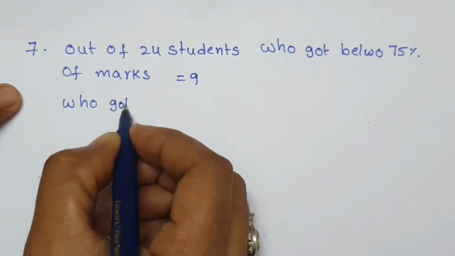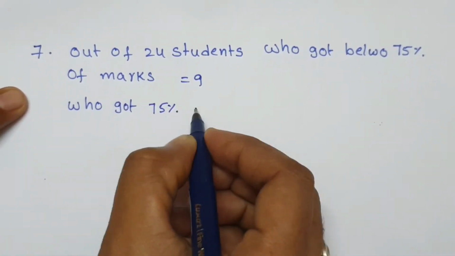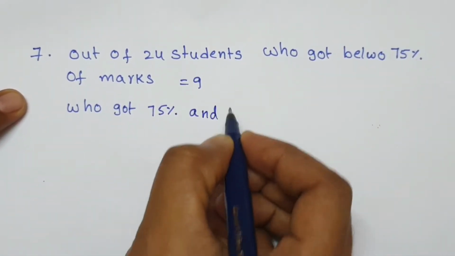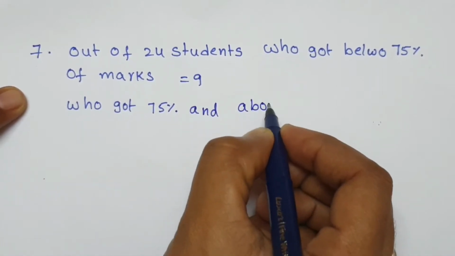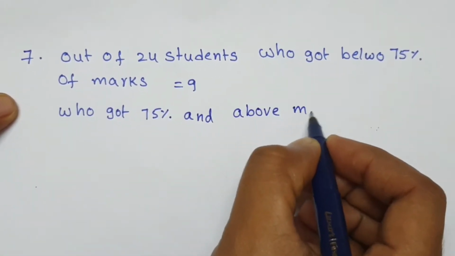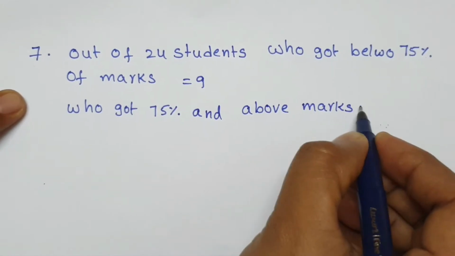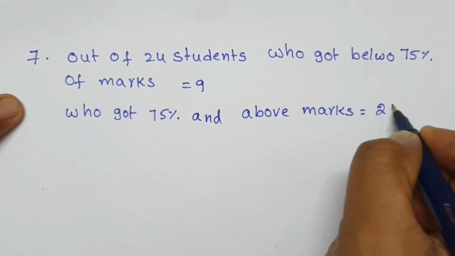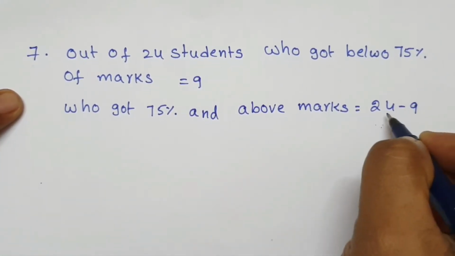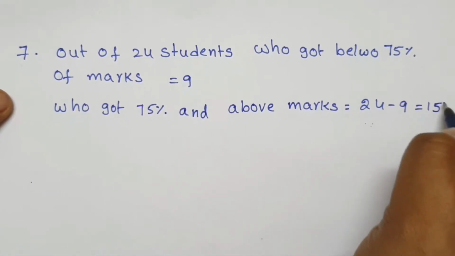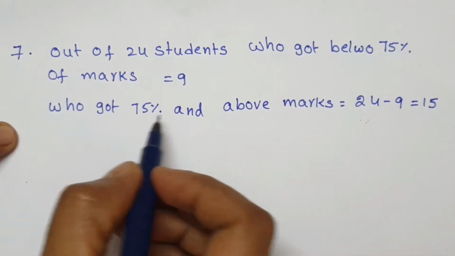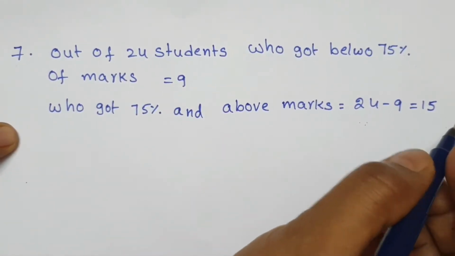Who got 75% and above marks equal to 24 minus 9. We get 15. So 75% and above marks, 15 students.